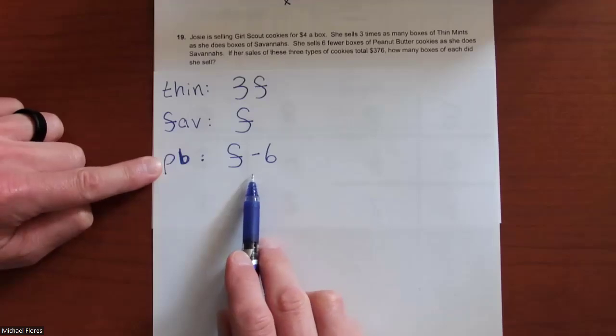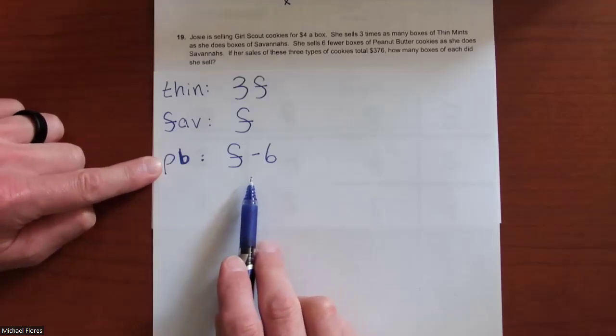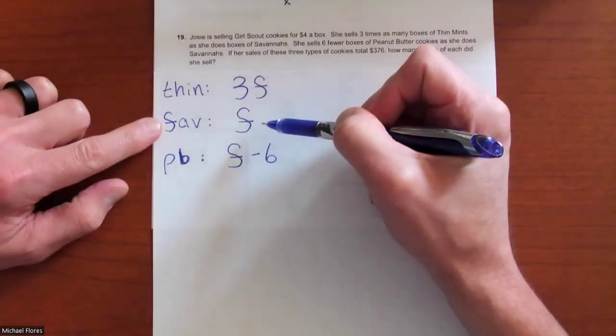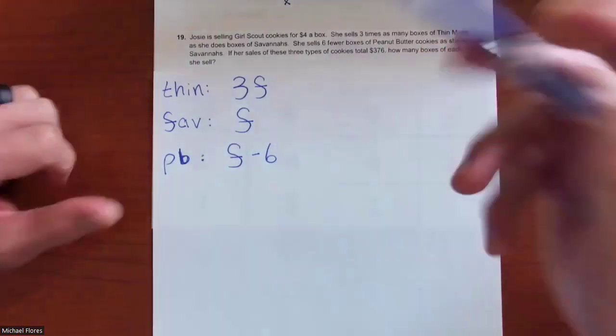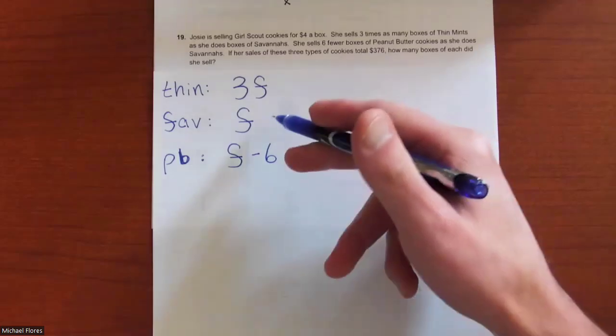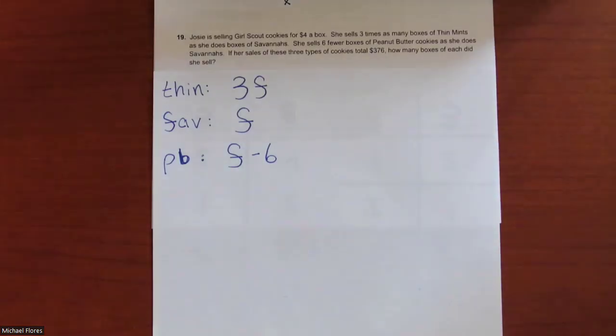If her sales of these 3 types of cookies total $376, how many boxes of each did she sell? Since we're using Savannah's as our measure of how much we sold of Thin Mints and peanut butter, we're just going to leave Savannah's as S.